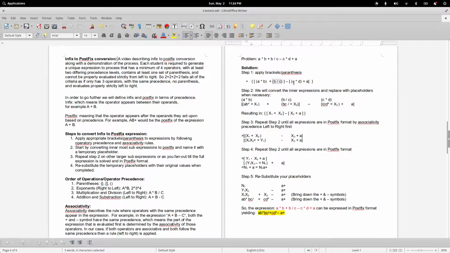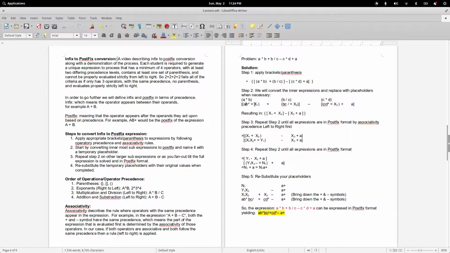So I bracketed them in parentheses, separating the precedence, because the next precedence after the multiplication will be the addition and subtraction right here, and then finally this subtraction, and then finally this addition. So the first step, I converted the A times B and gave it a placeholder of X sub 1.